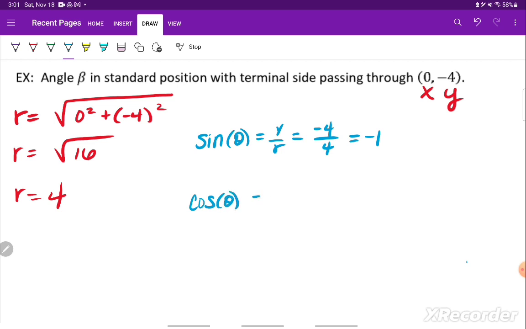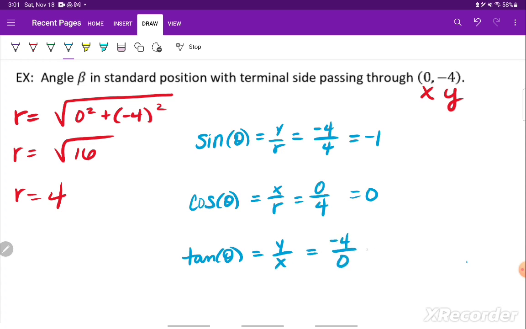Cosine of theta is x over r. That's going to be 0 over 4, which is 0. And tangent of theta is equal to y over x. That's going to be -4 over 0, and this is going to be undefined.